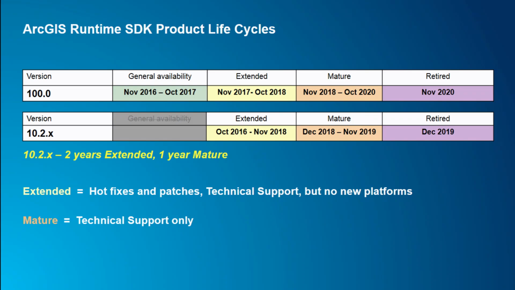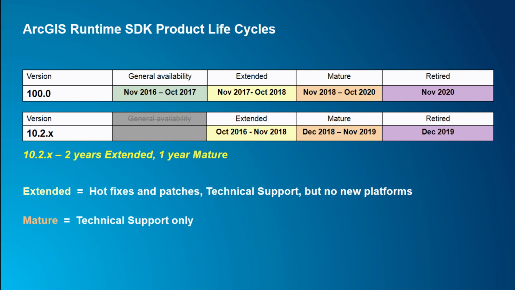And a couple of those other housekeeping types of things when you're thinking about the migration that you're going to be doing is planning on what the timelines are, right? So the ArcGIS Runtime SDK 100 version was released on November 21st, last fall, and that's now in general availability.